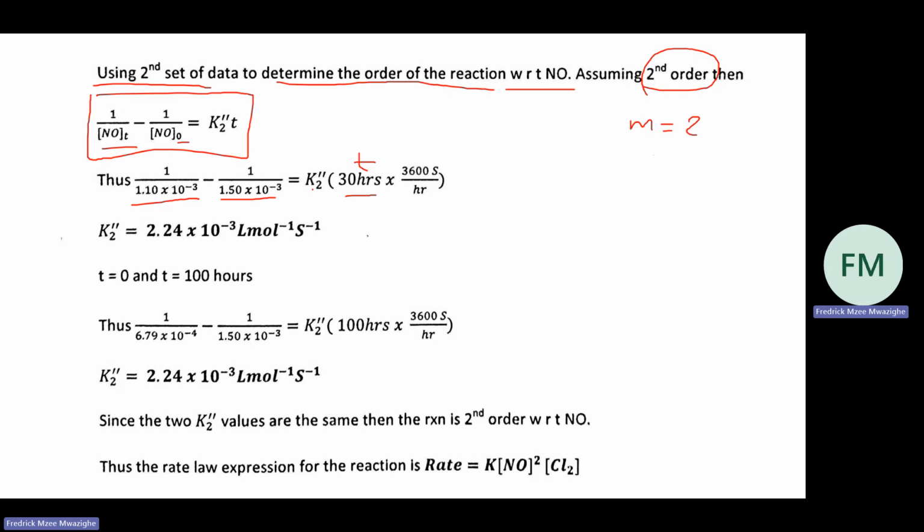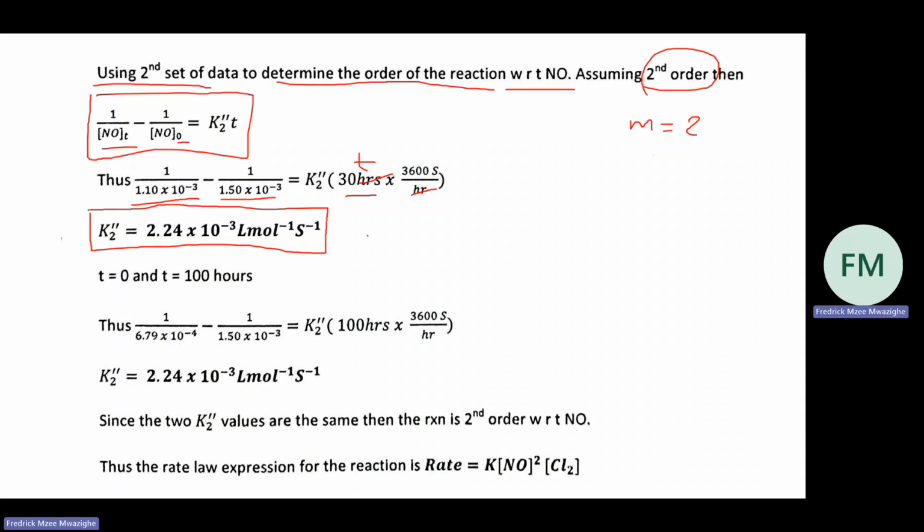So this equals K2 prime times T. Here we are changing the time into seconds, so 30 hours times 3600 seconds per hour. The hours cancel out and you remain with seconds. Making K2 prime the subject, we find that K2 prime equals 2.24 times 10 to the power minus 3 liter per mole per second.